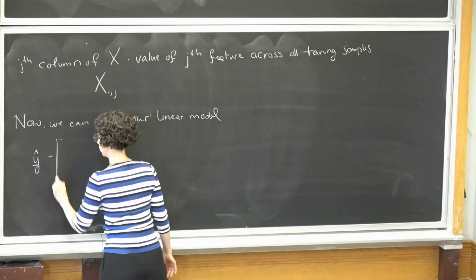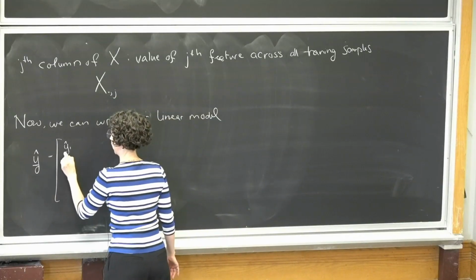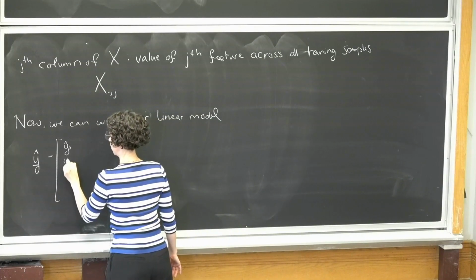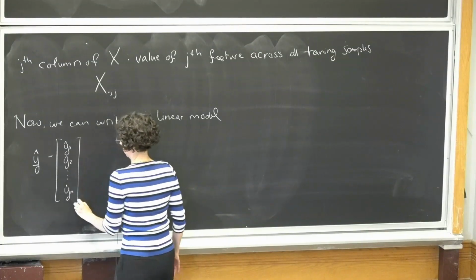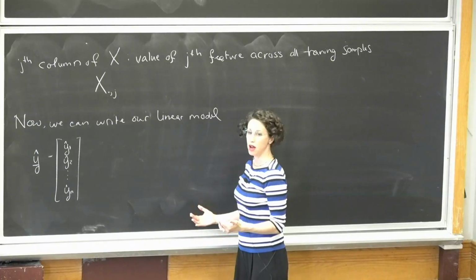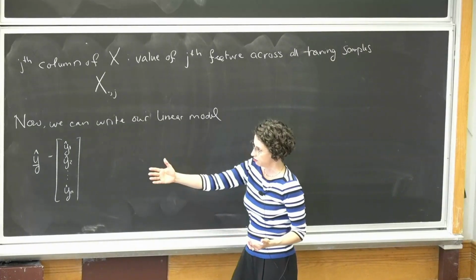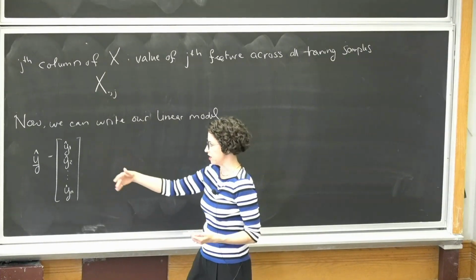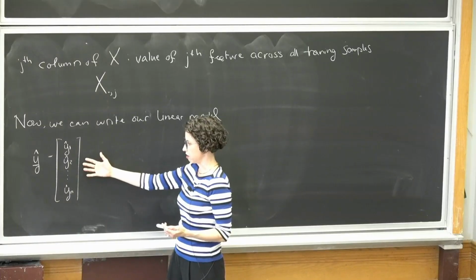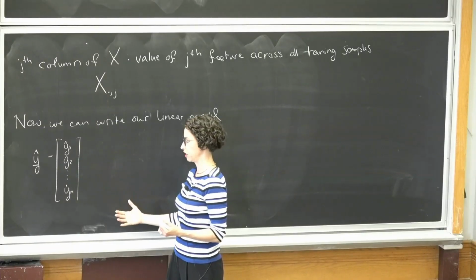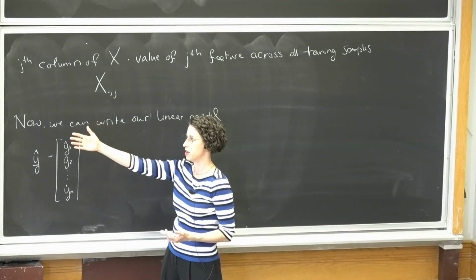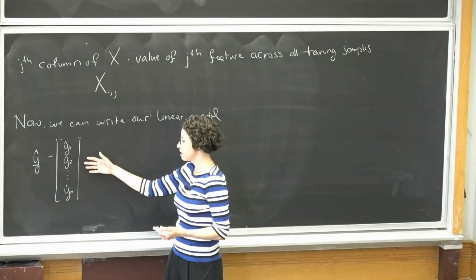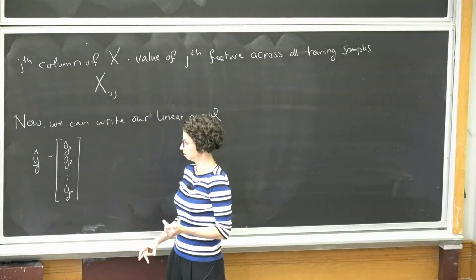So this is going to be y hat 1, y hat 2, all the way to y hat n. And if we find a good learned model, then the y label vector for our training data and this predicted vector are going to be the same or very close to one another. But in general, they're not the same thing. One is coming from whoever labeled our data, and the other is the output of our model.